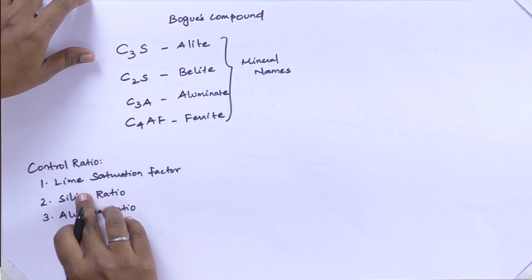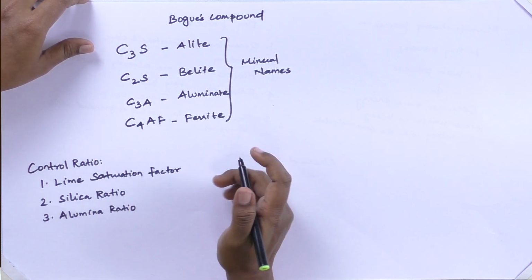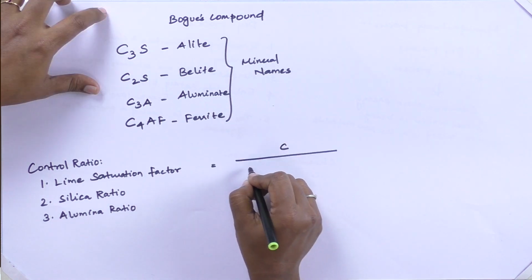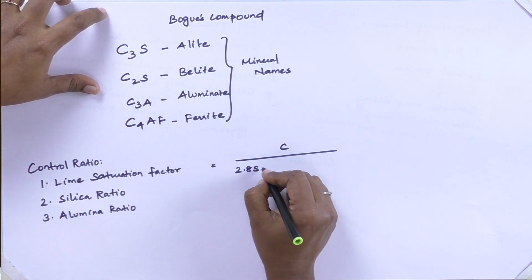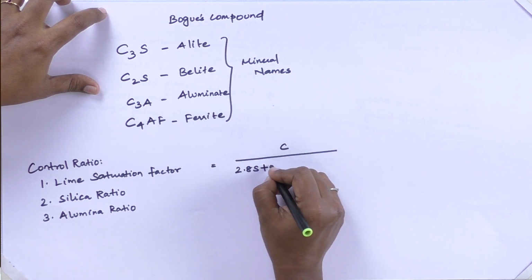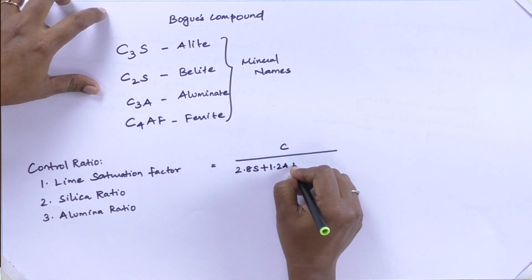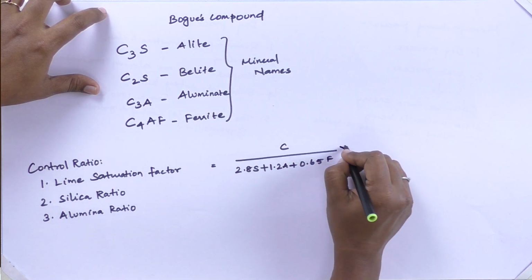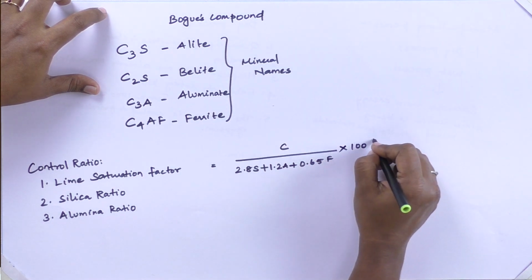Let's see what this lime saturation factor is. Lime saturation factor is C divided by 2.8 S plus 1.2 A plus 0.65 F, into 100%.